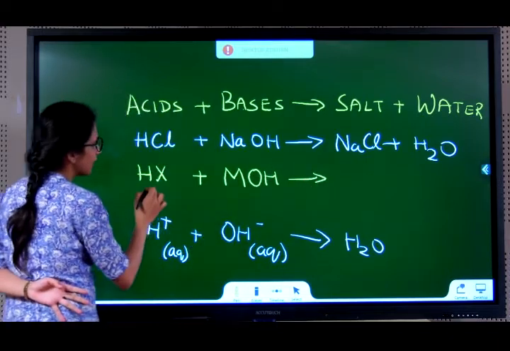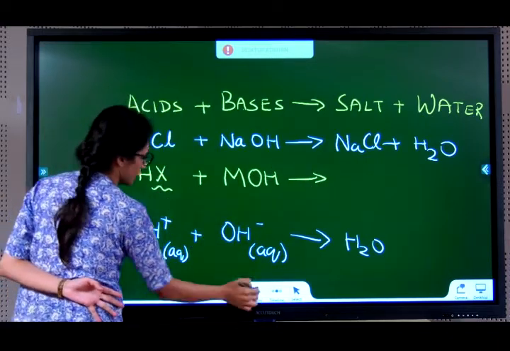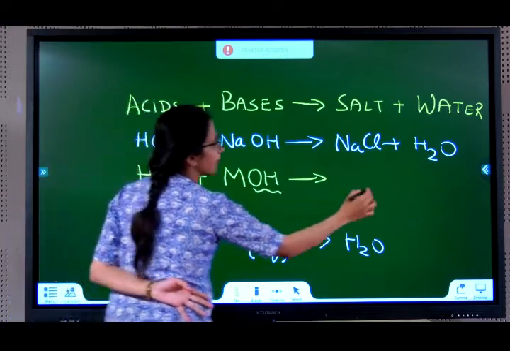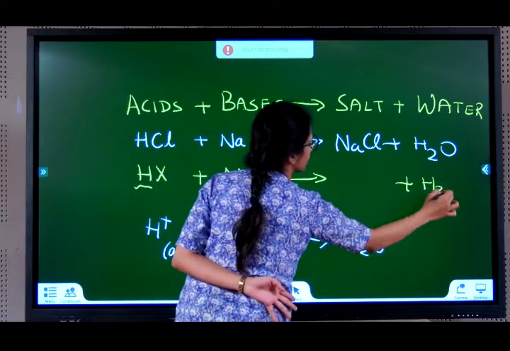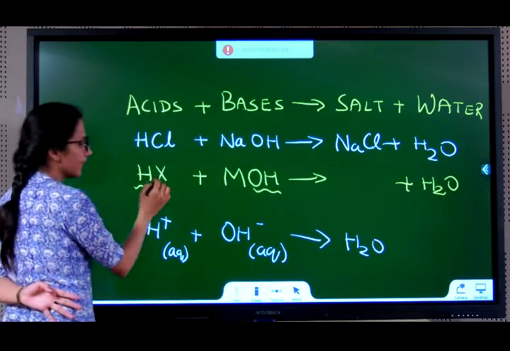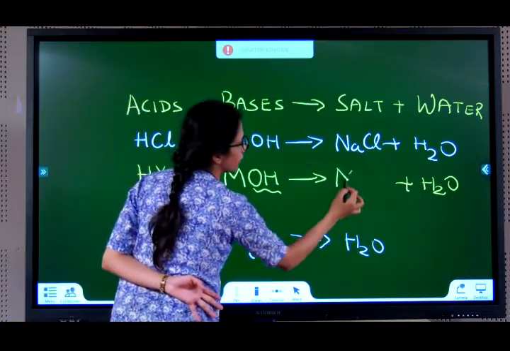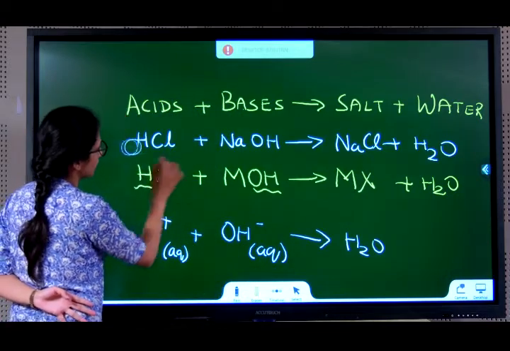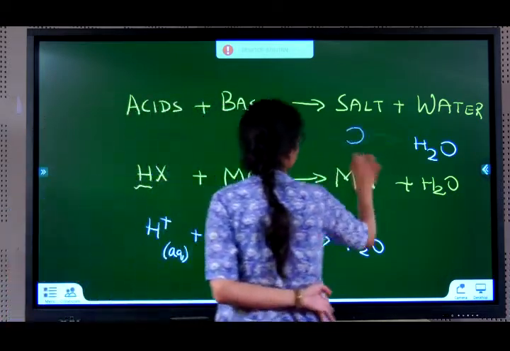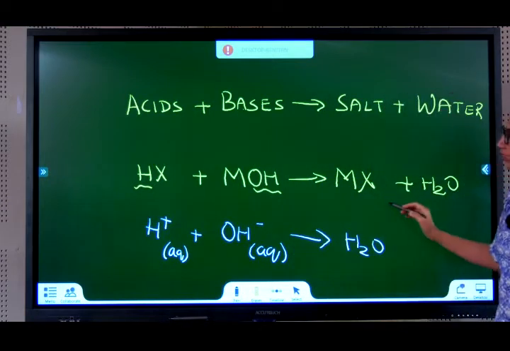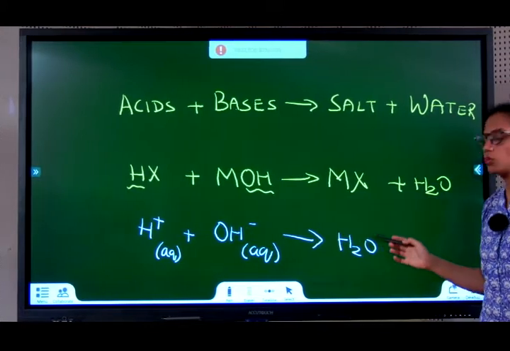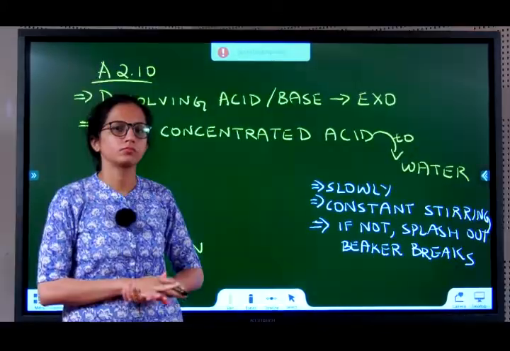What happens then? H and OH combine to give us water, and M and X will combine to give you the compound. Do you agree? So this is the general form of the equation, and when you combine H plus and OH minus, you will get water.